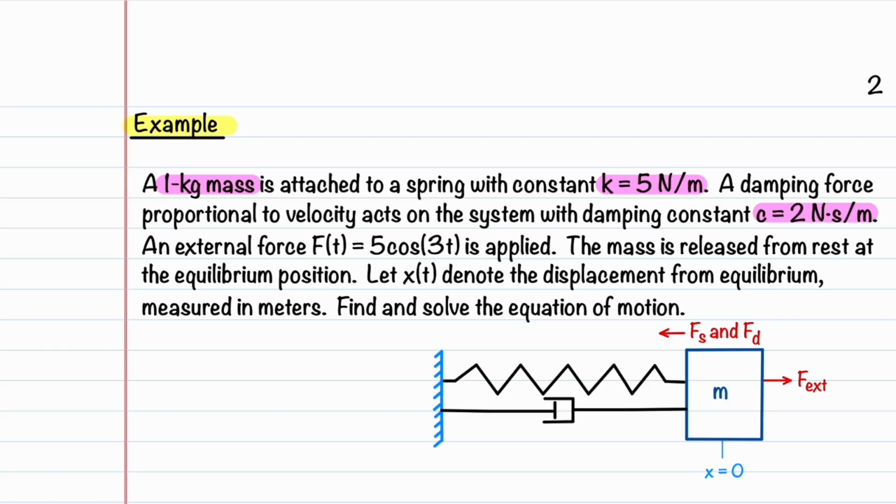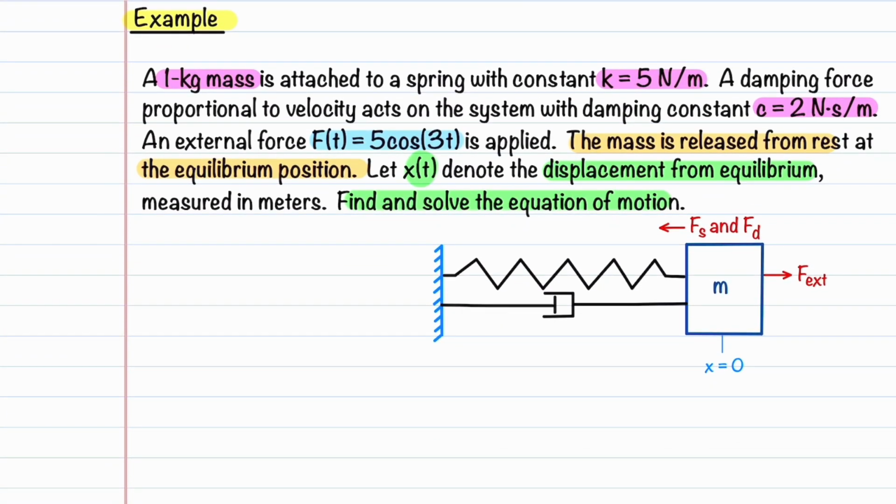There is an external force f of t equal to 5 cosine 3t that's applied to the system. We're told that the mass is released from rest at the equilibrium position. We're going to let x of t denote the displacement from equilibrium, measured in meters. We're going to find and solve the equation of motion.